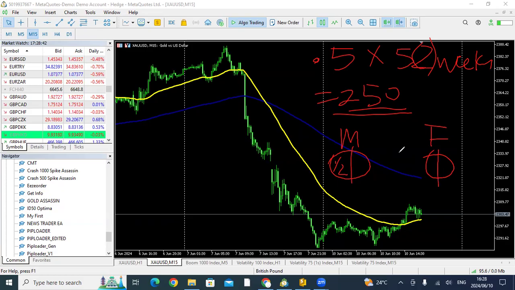And then on Friday, half of the day is people winding up their trades, which means there's volume decrease. So there's shrinking volume on Friday. There is also less volume at the beginning of Monday. So this means there are actually 4 trading days in essence. So 4 multiplied by 50 is 200. So the effective moving average that will show you exactly what is going on is the 200 MA, or the 200 moving average.